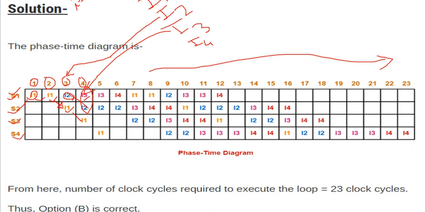Similarly, I3 requires 2 clocks in S1, so I3 will run for the 4th and 5th clock. I2 will run for 4, 5, 6 clocks, because I2 requires 3 clocks in S2.